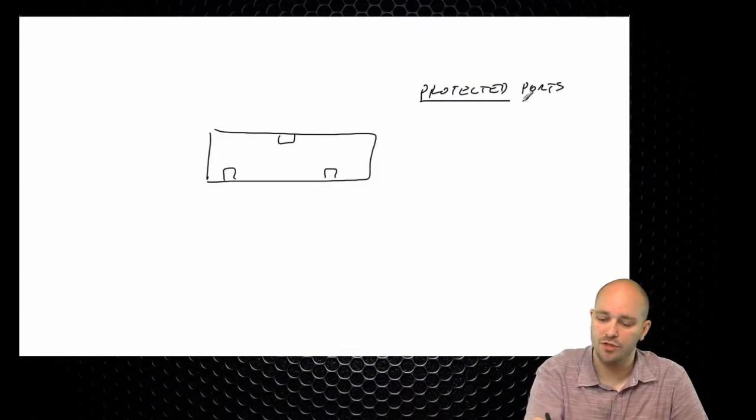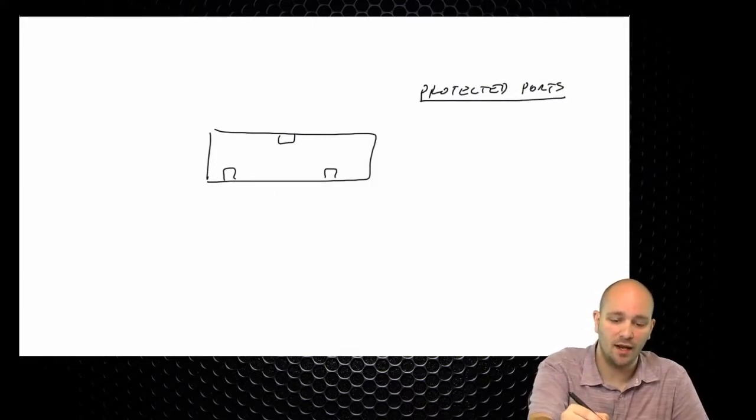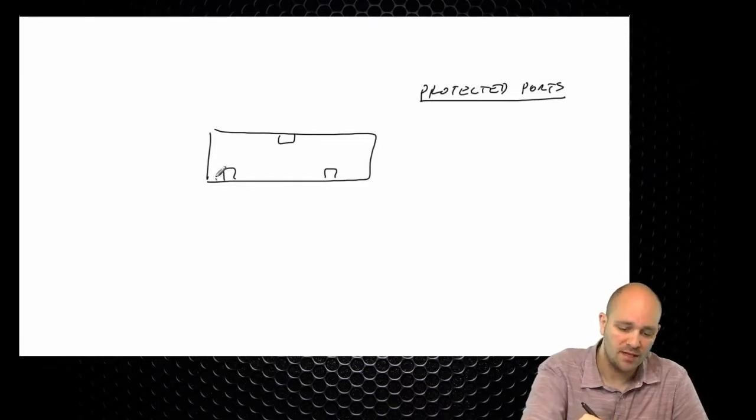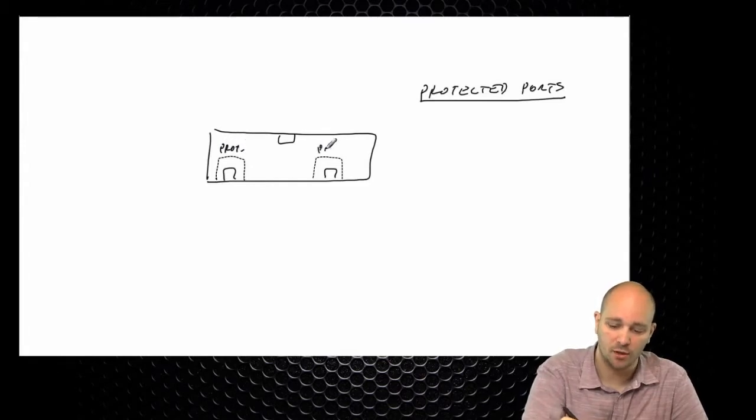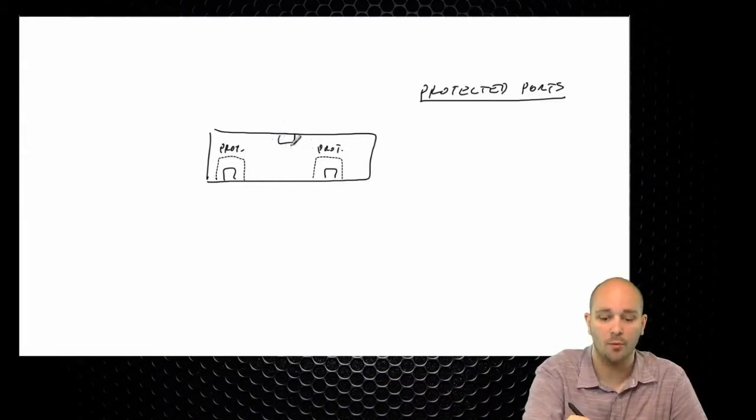Now, protected ports worked just fine, and they worked in such a way that we would declare, for example, this port here and this port here as protected ports. So this one here would be protected, this one here would be a protected port, and this one here would be just a regular port. And let's say that this was VLAN 10.